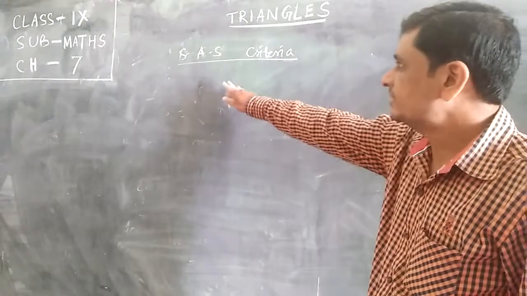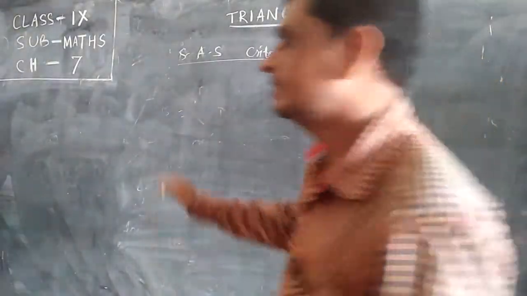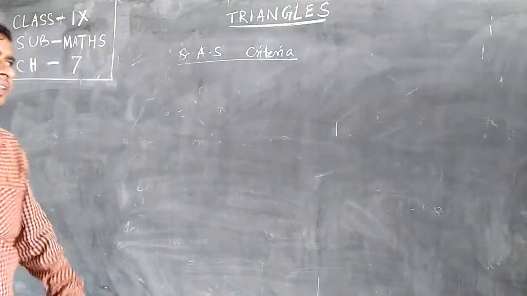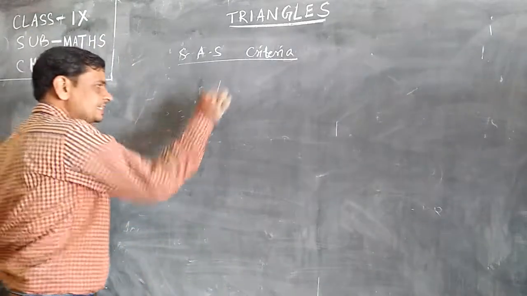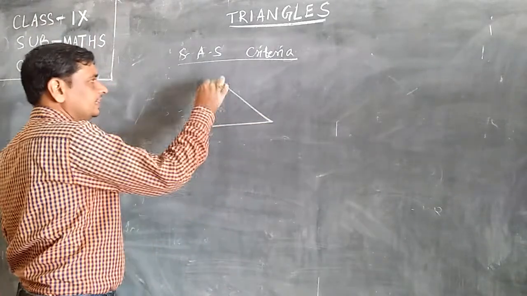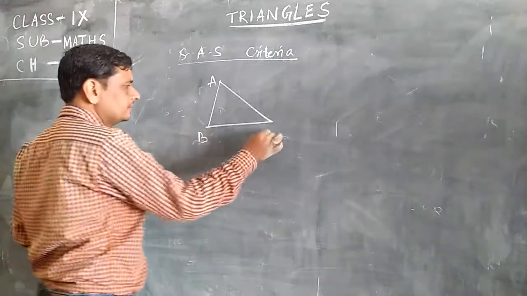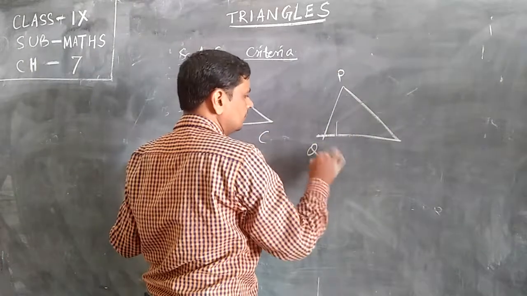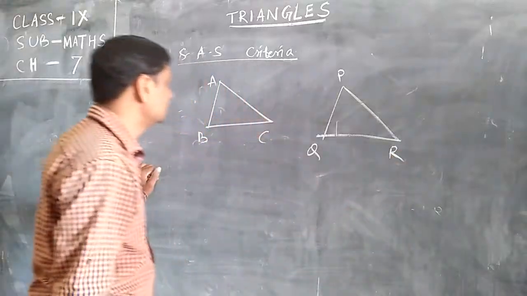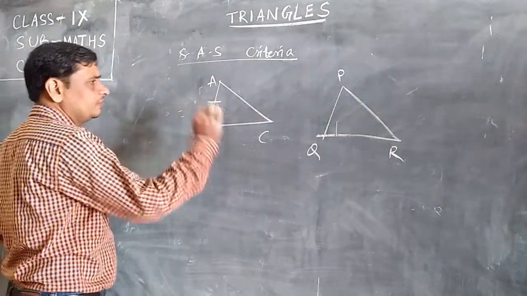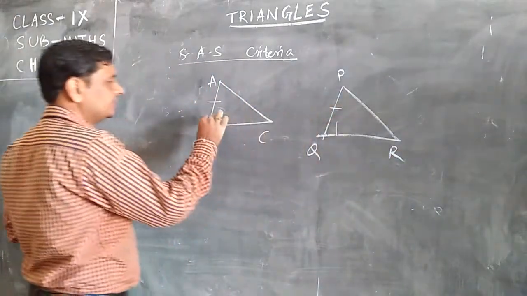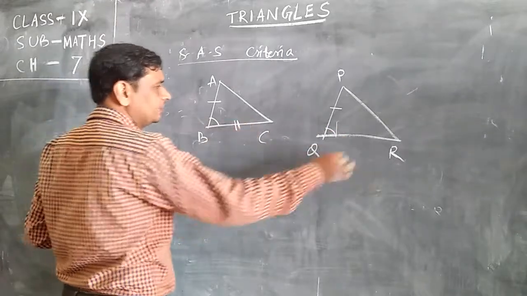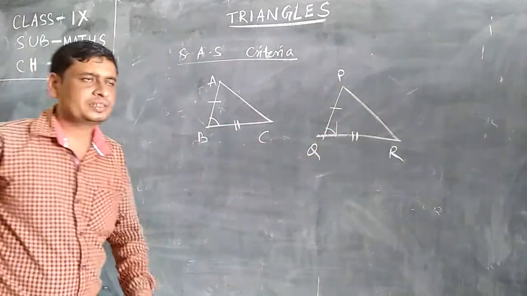Next one is the SAS criteria, that is side angle side criteria. Between two triangles, let ABC and PQR be two triangles where side AB equals side PQ, angle B equals angle Q, and side BC equals side QR.